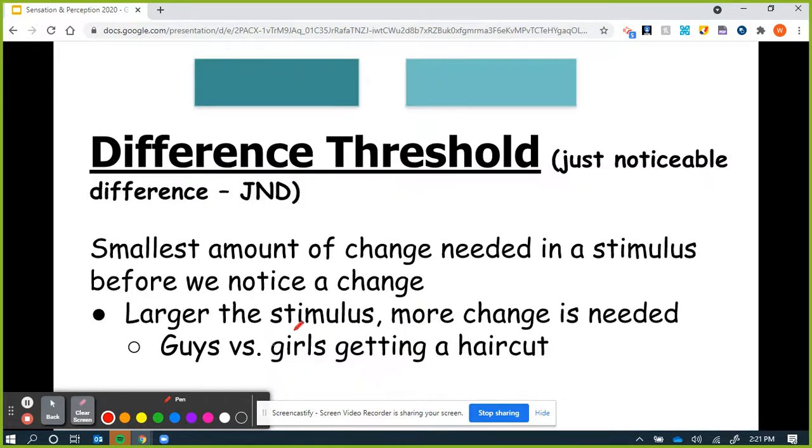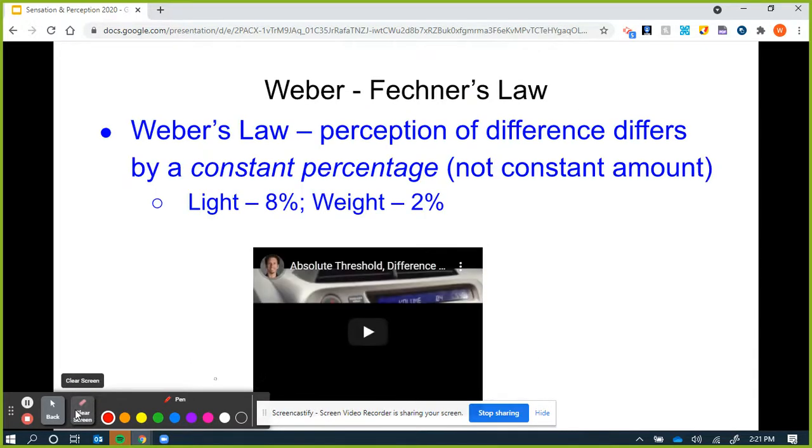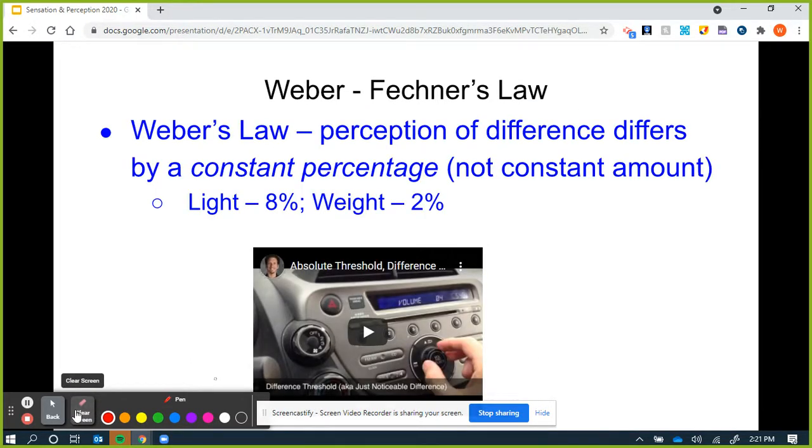Now I have on here that it says amount. This is actually based not on a set amount, but on a set percentage. The difference threshold is governed by Weber's law.